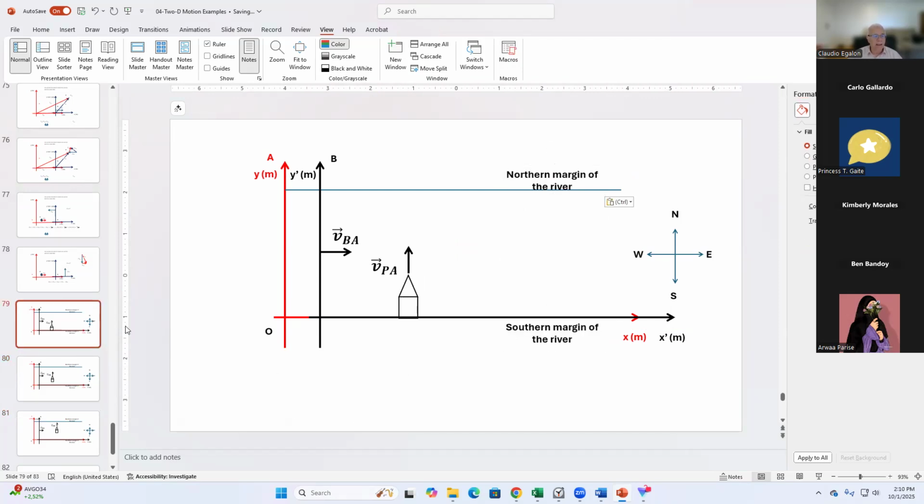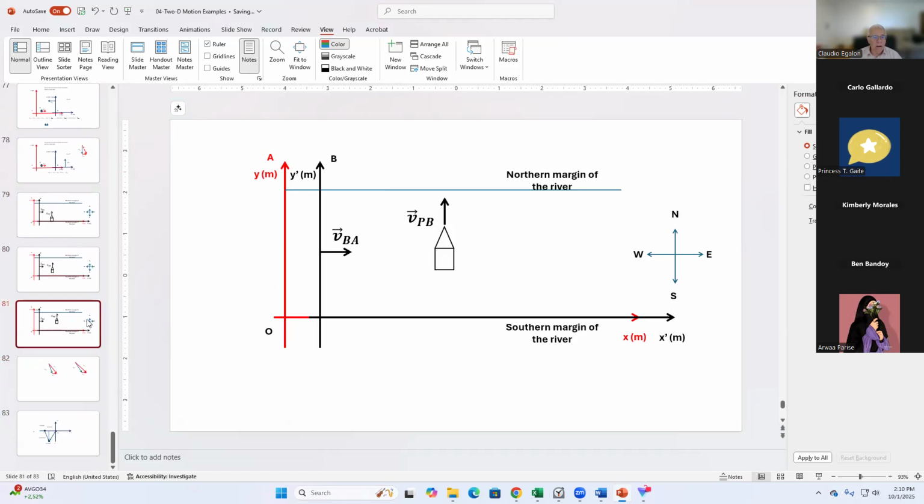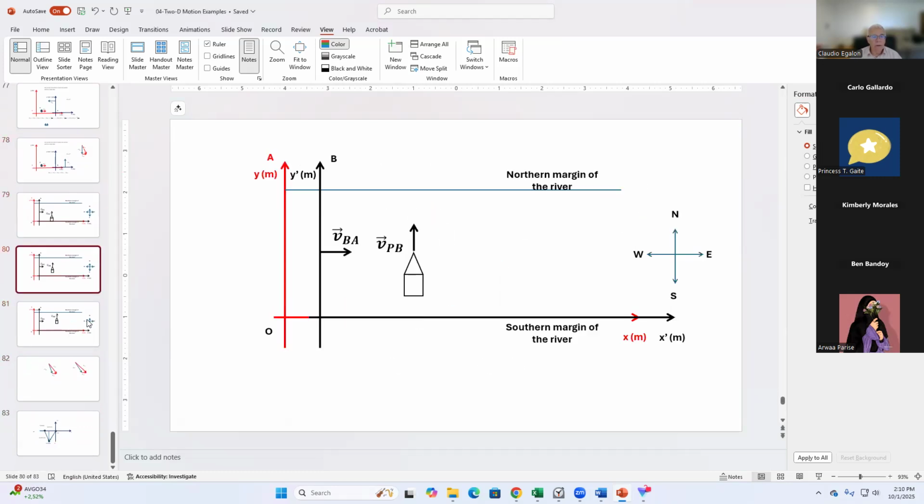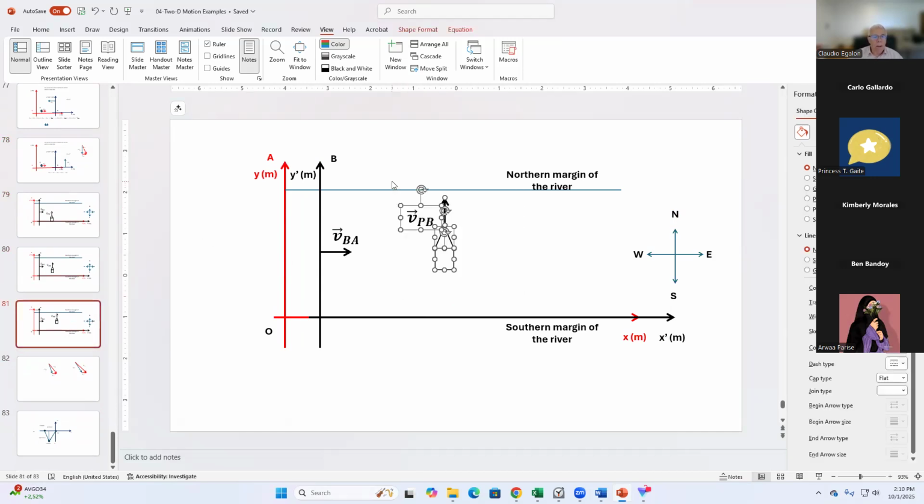So let's play the movie again. My boat is advancing towards the other side of the river. I exaggerated. Let's make it a little bit more to the left.